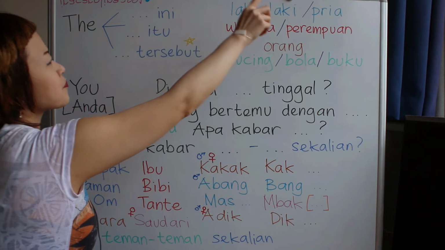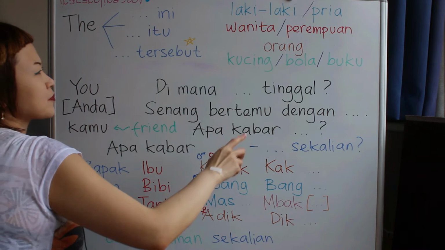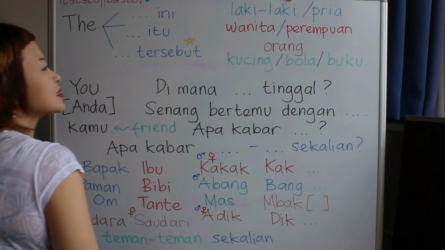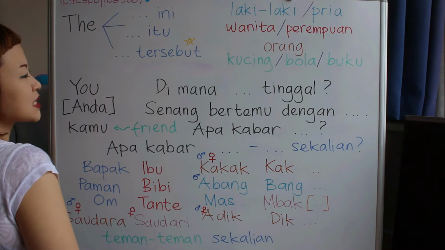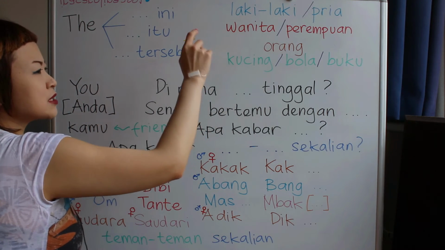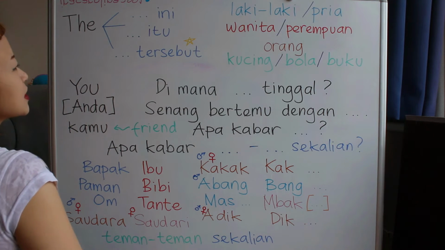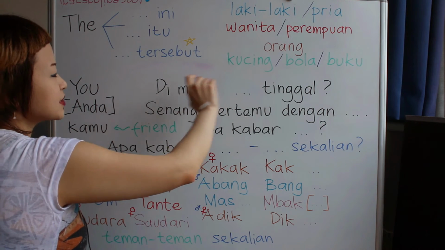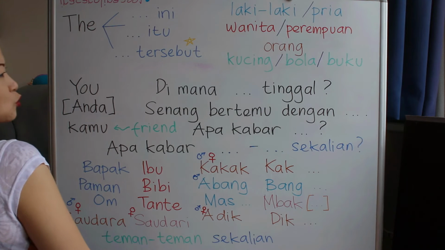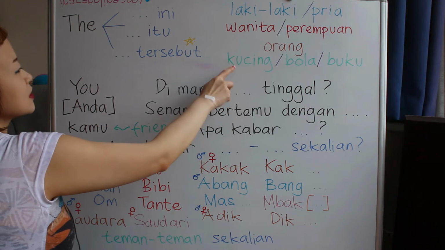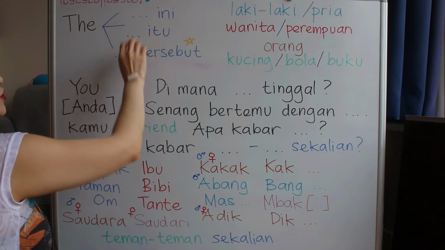Laki-laki, pria, wanita, perempuan, orang. And now, animal and things. Cat, kucing, bola, ball, buku, book. The cat, kucing ini, or you can choose any you like here.